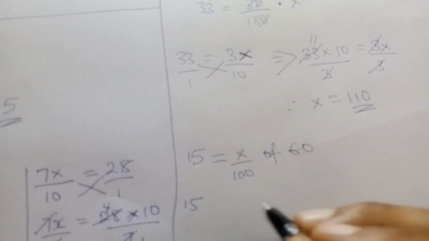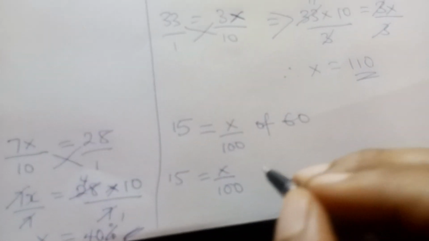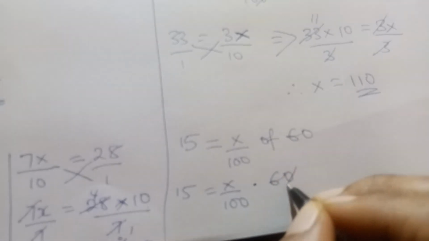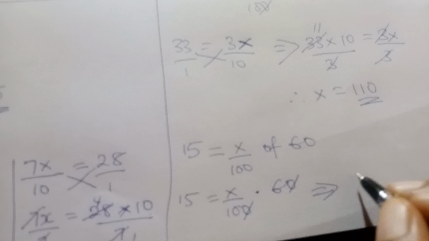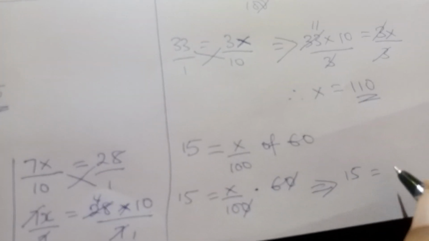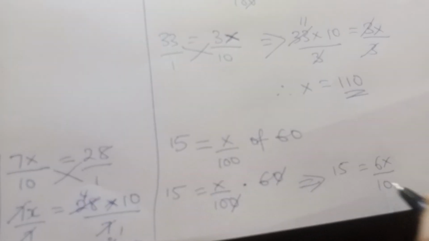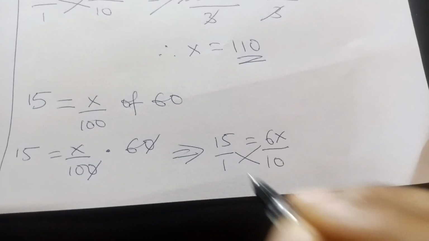So 15 is equal to x over 100 dot 60. This 0 cancels this one. So we're left with 15 equals 6x over what? Over 10. So this is over 1, cross multiply.